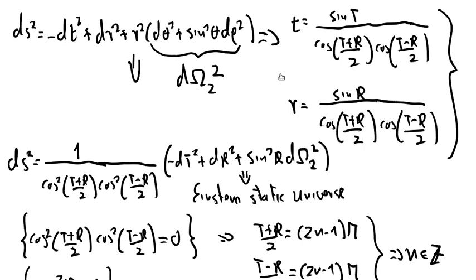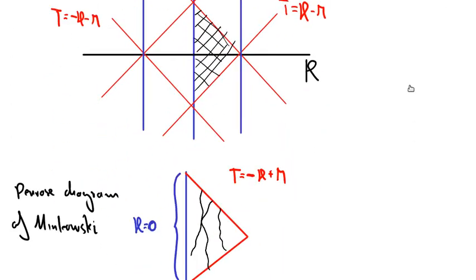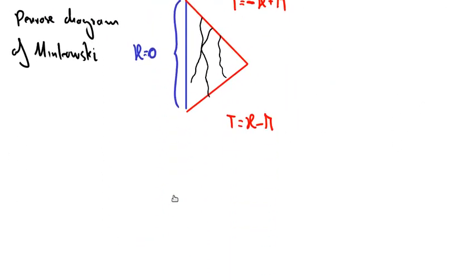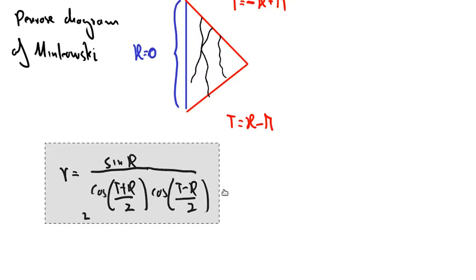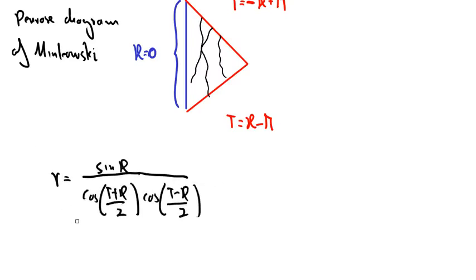But we can just see it here if we take this function. This is now a function of r and t.